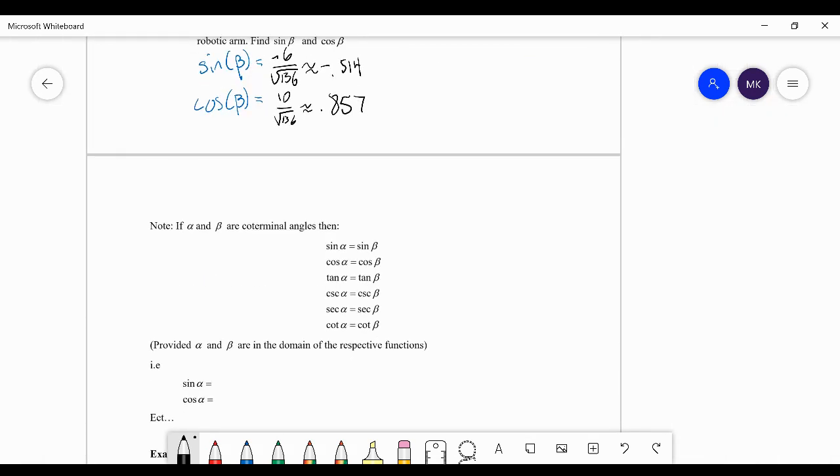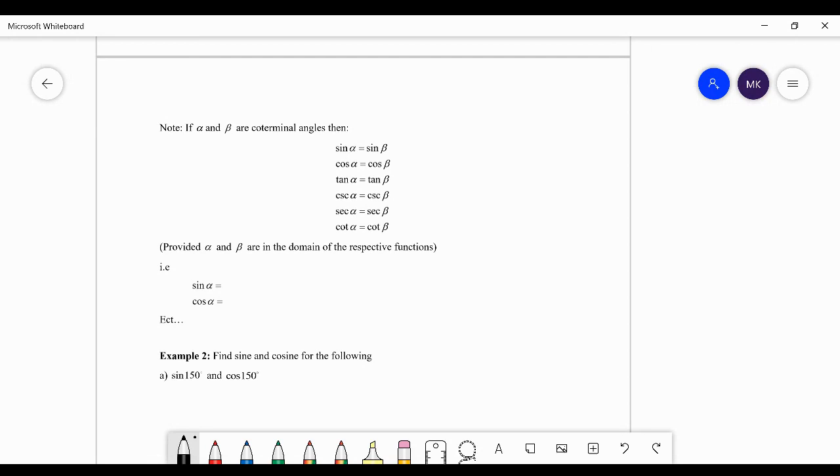Okay. So what's really cool about this is we can create these two general statements that sine of alpha is equivalent to the sine of alpha plus 2 pi n, where n is any integer.